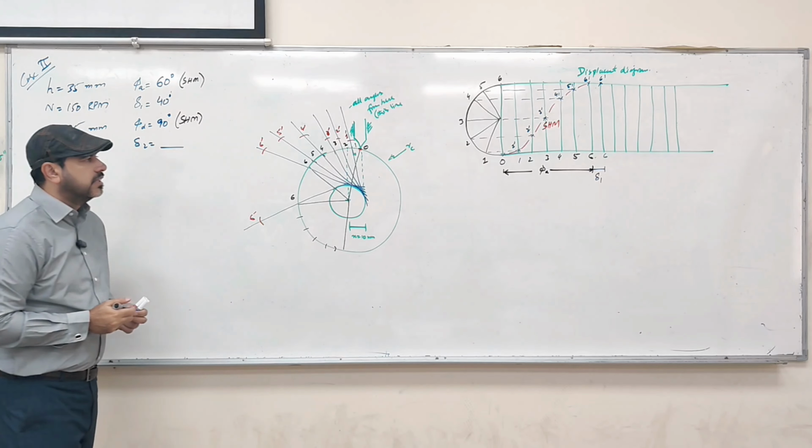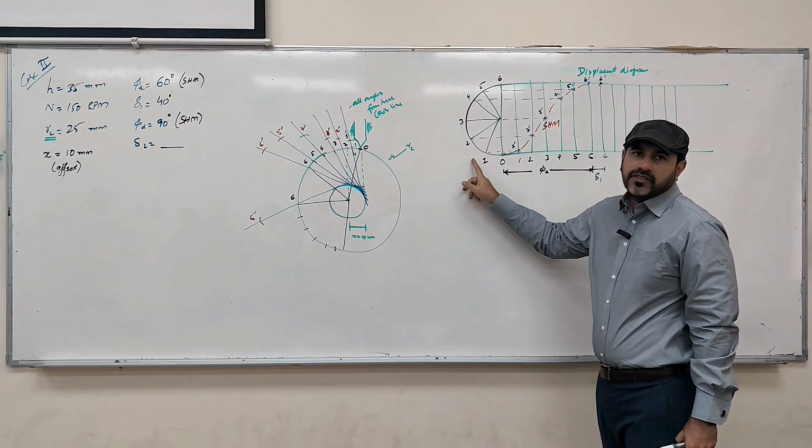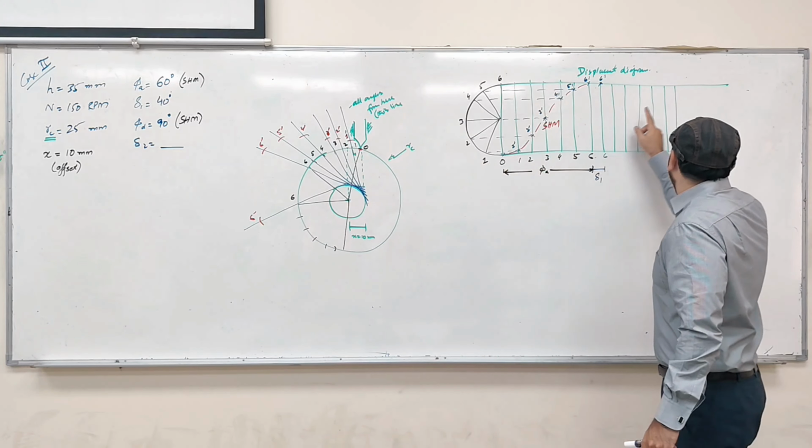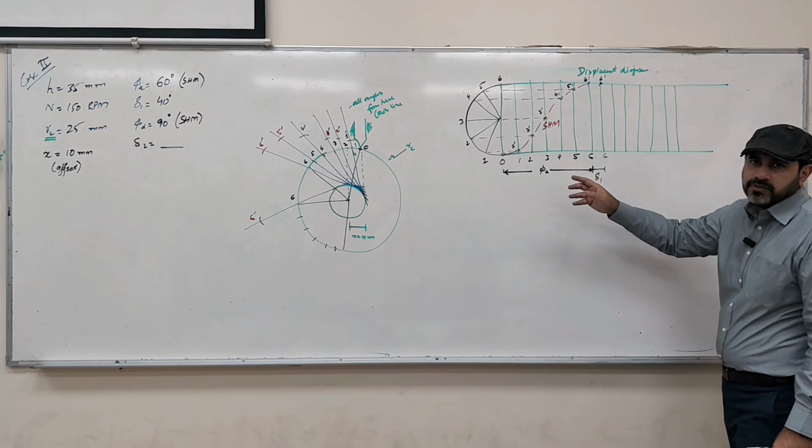Okay. However, this is the thing you need to see in the planning phase when you're trying to solve this. The second part is also simple harmonic motion. So if you change the number of divisions, then this circle should change, or else you draw another semicircle and take the reference from the next division. If you want to use the same circle for this, same division is the best strategy.